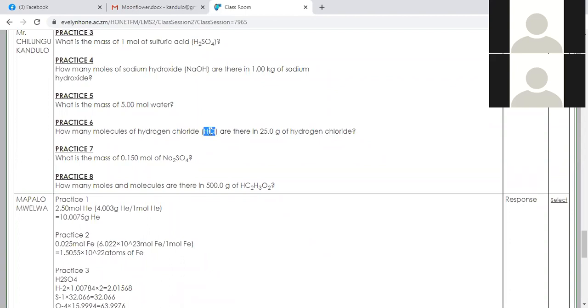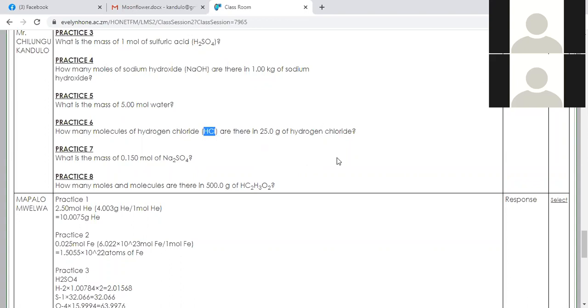So simply, you just get the molar mass of this, which is 1 plus 35.5, which will be 36.5 grams. So then you get 25 grams times, what you should put there, 36.5 grams. Why? Because that's a molar mass.